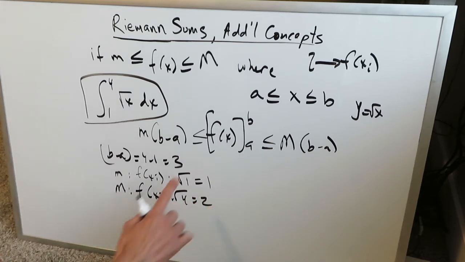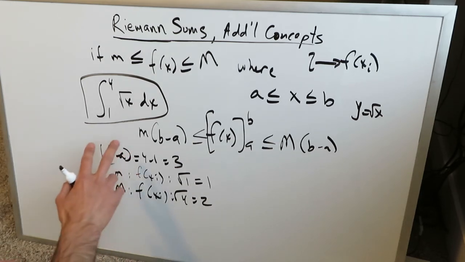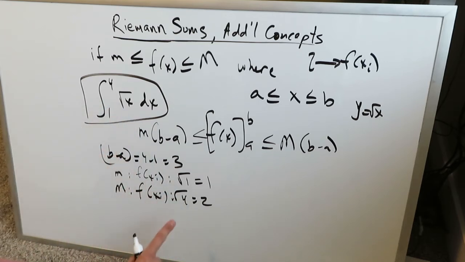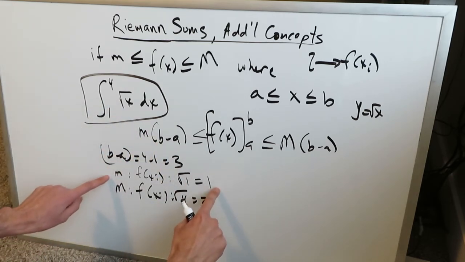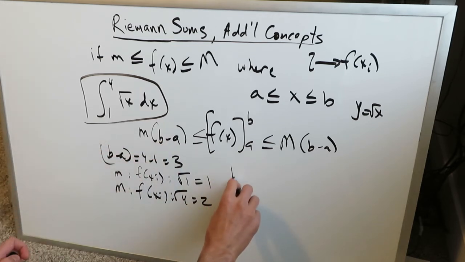Now all you have to do is write this into this representation, and that right there is your final answer. The area for this specific function can be no smaller than this. You'll do m, 1, times the interval, 1 times 3.